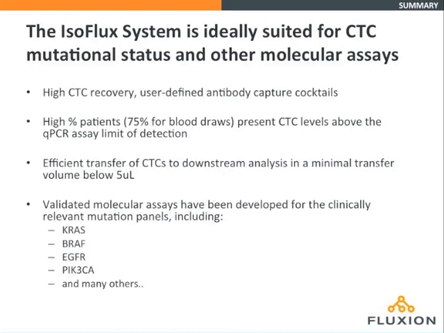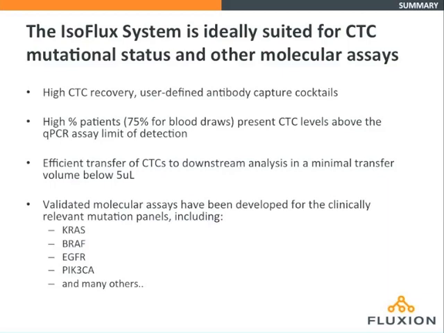What we found for blood draws is that currently over 75% of patients present enough genetic material to make a positive determination of the mutational status, and that's been confirmed both analytically and in clinical samples where we have matched counts and we've detected mutations down to CTC levels below 10.